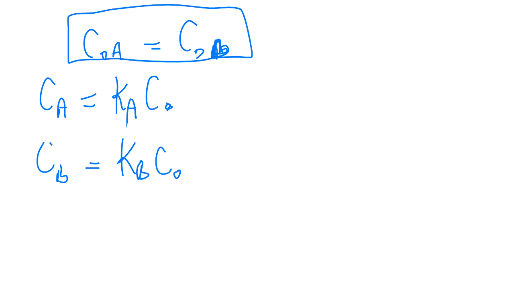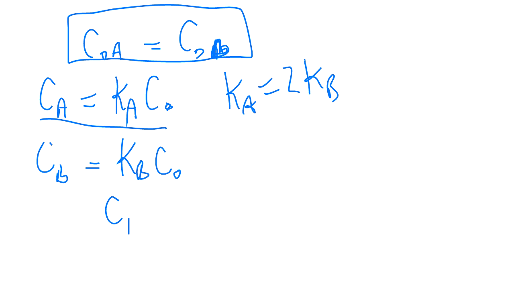Knowing that the question told you that kappa A is equal to twice kappa B, now you can solve the question very easily. The new capacitance for capacitor B will be simply half of CA, that is CB equals CA over 2, with C0.